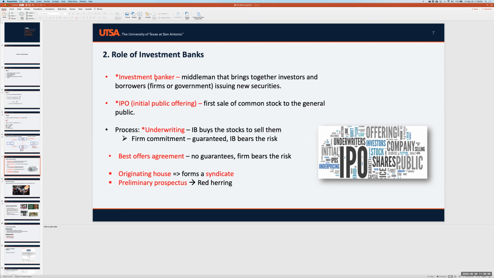What you can do? You can choose multiple investment bankers, Bank of America, Merrill Lynch, other financial institutions, and they get together and form a syndicate, meaning they collaboratively work on the IPO. So the originating house is the investment banker who is responsible to form the syndicate.